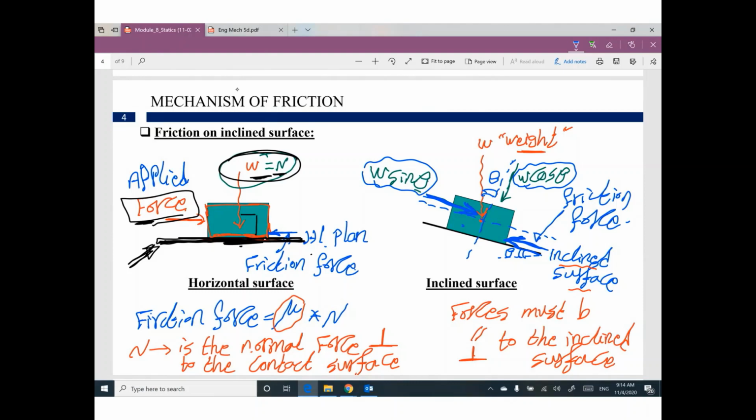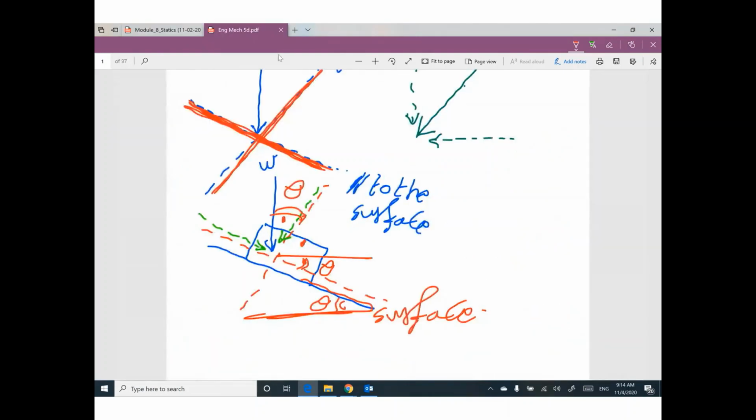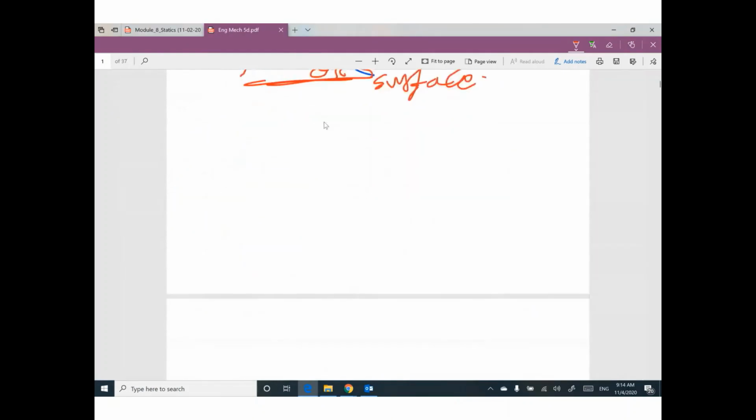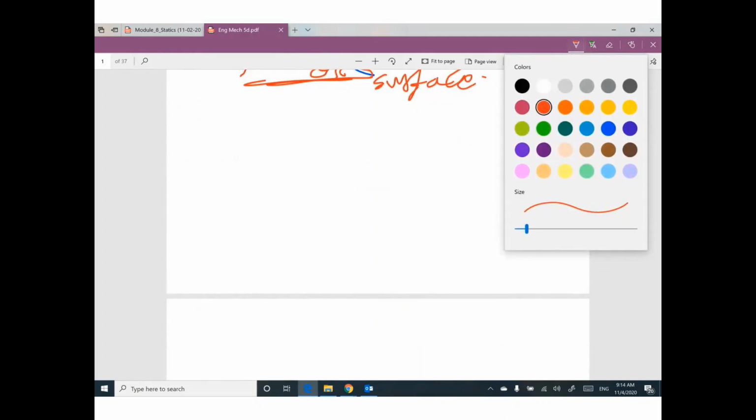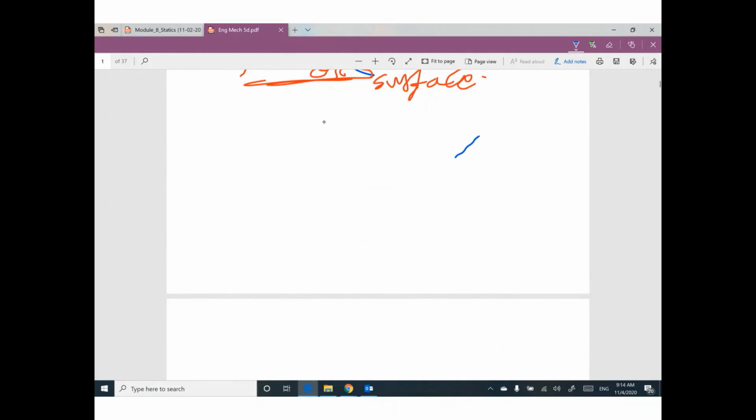Now I need to explain something for you. When we were kids, if you had an inclined surface and you put your toys or a box on it, we found this box sliding down.